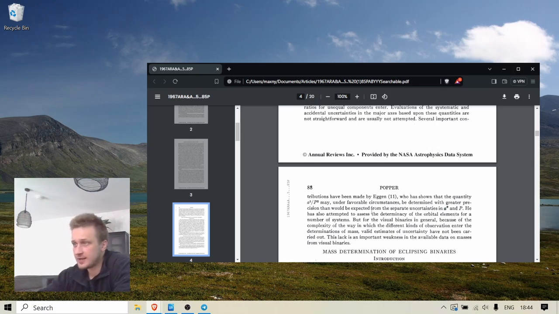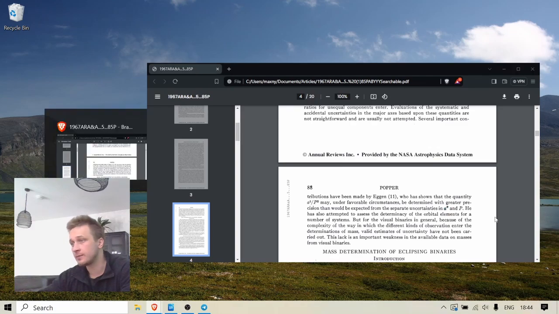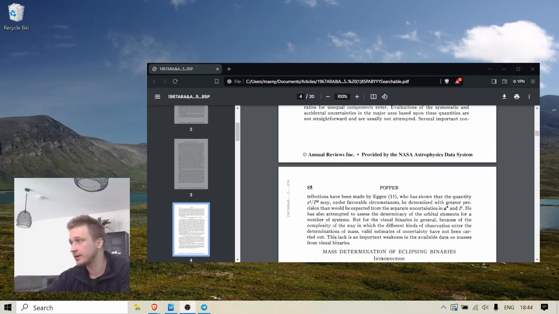He also has attempted to assess the determinacy of the orbital elements for a number of systems, but for the visual binaries in general, because of the complexity of the way in which the different kinds of observations enter determinations of mass, valid estimates of uncertainty have not been carried out. This lack is an important weakness in the available data on masses from visual binaries.